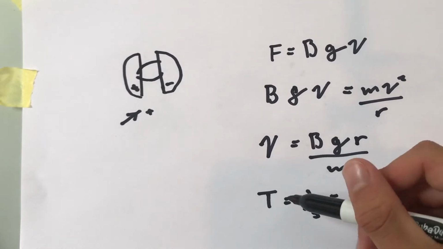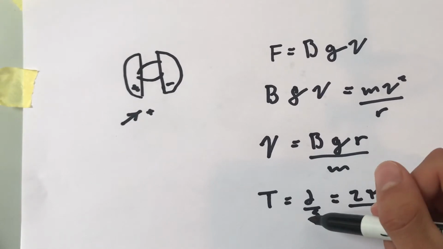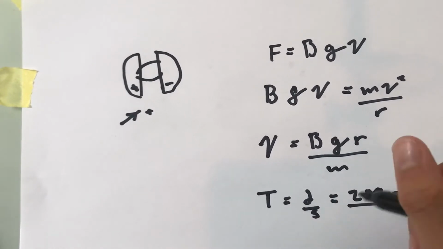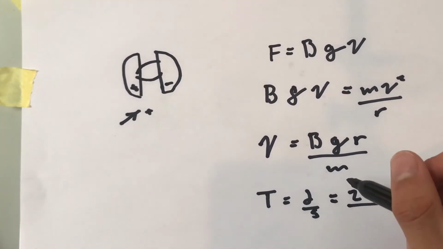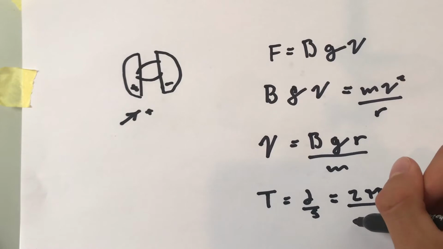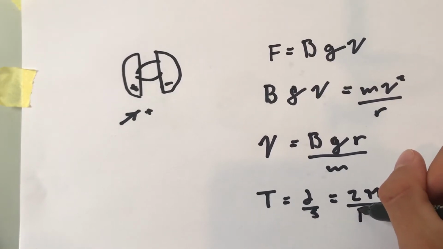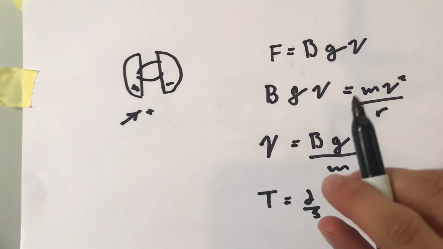Since time is simply distance divided by velocity, and the velocity is, as we see here, B Q R over M. And if you invert that fraction, you will find that you can arrange that formula as B Q R multiplied by M on top.